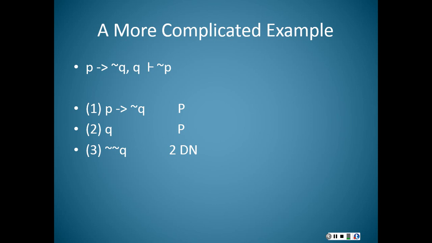So that would be not not Q. And now we've got it via the rule double negation. So now we can apply modus tollens to lines 1 and 3 in order to get not P. And that's just what we wanted. Okay, now that we've introduced these new rules, you can do a whole new interesting variety of proofs, and I'm going to give you some practice with that through the exercises that I assigned.